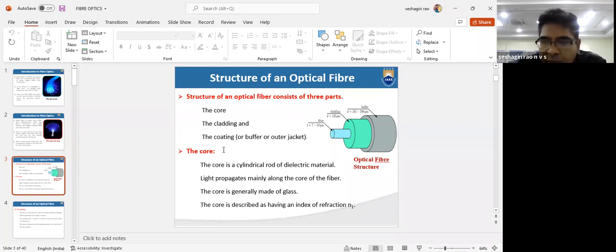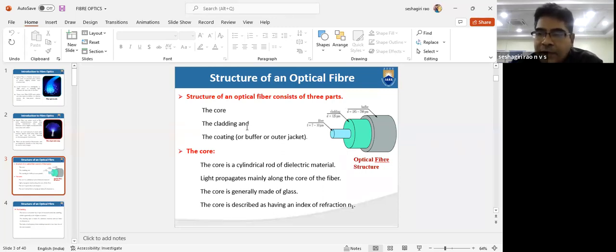The core thickness is 7 to 10 micrometers, the diameter of the cladding is expected to be 125 micrometers, and the buffer has a diameter in the range of 185 to 700 micrometers.